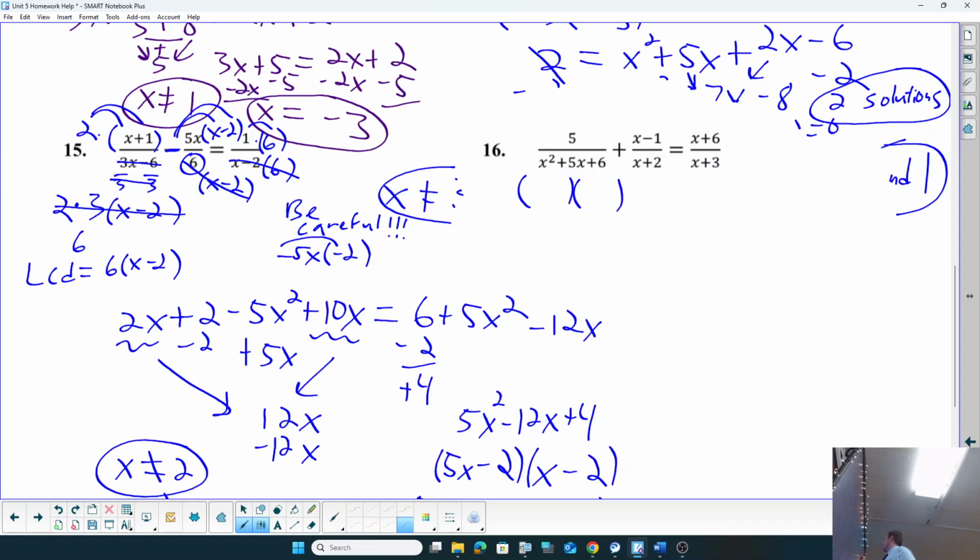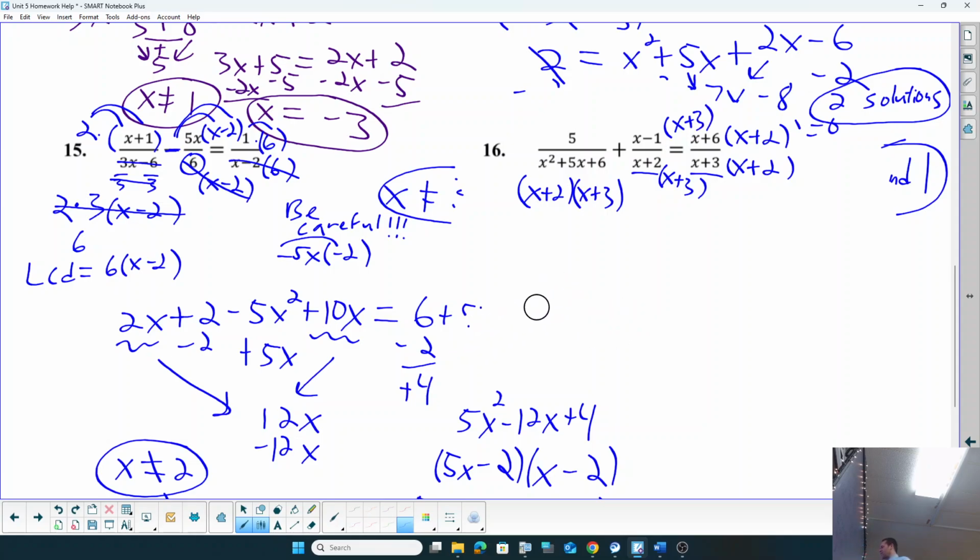So the factors of 6 are, of course, x plus 2 and x plus 3. So x plus 3 needs an x plus 2 to the top and bottom. And then x plus 2 needs an x plus 3 to the top and bottom. And now we have a common denominator.